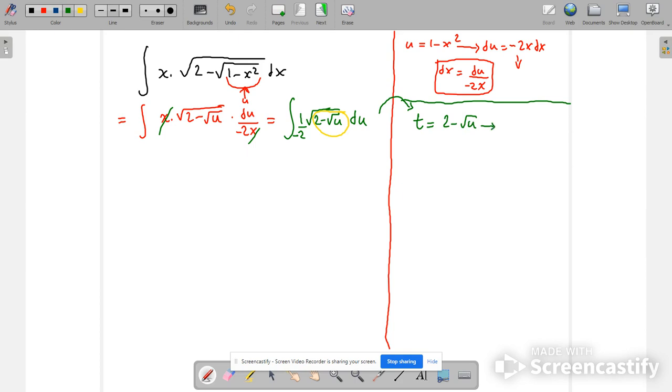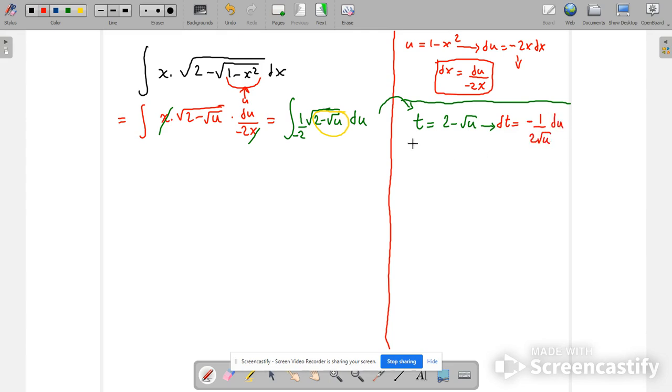And then dt would be what? Just take the derivative of both sides, with respect to t on the left-hand side and with respect to u on the right-hand side, and we would have minus 1 over 2 square root of u du.